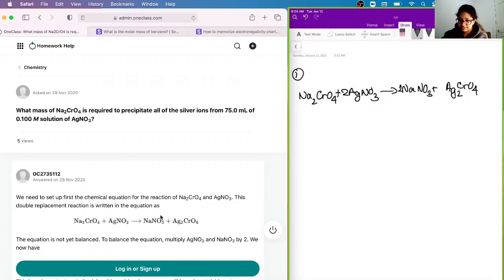And so hence, since we're consuming all of the silver nitrate compound, the moles will be related through the balanced equation.